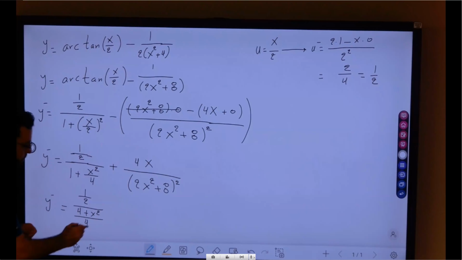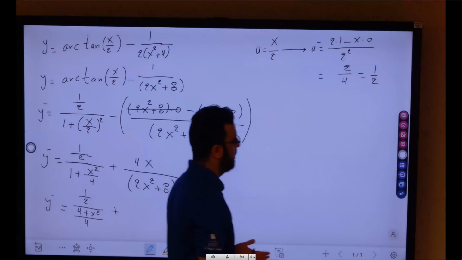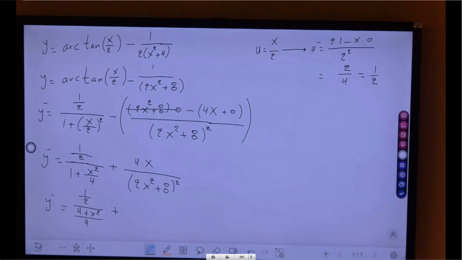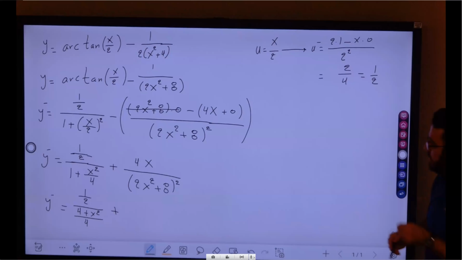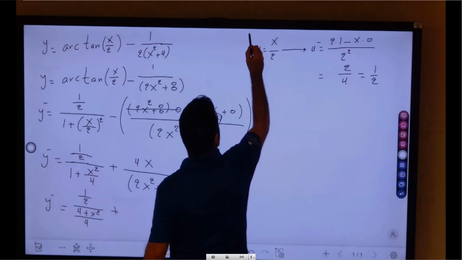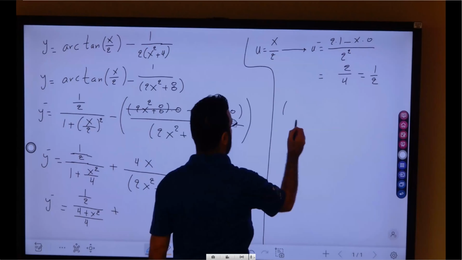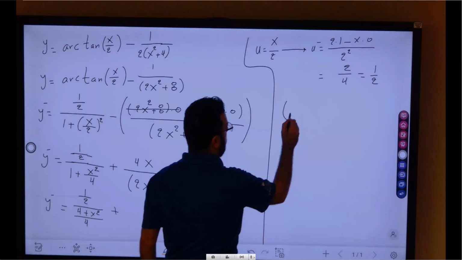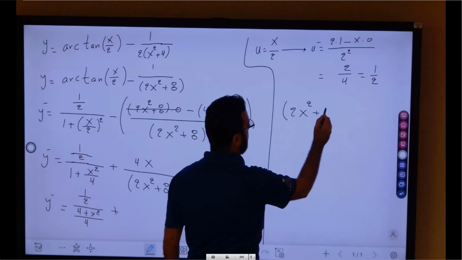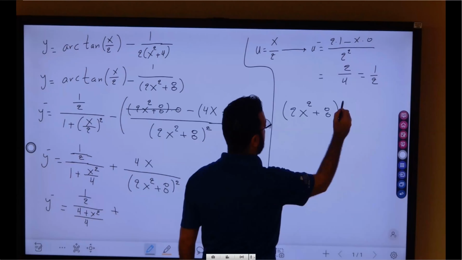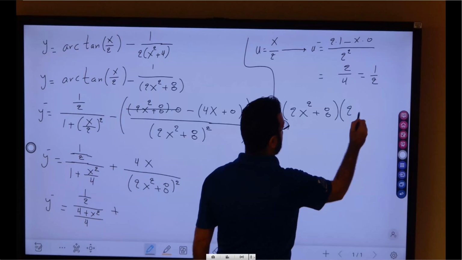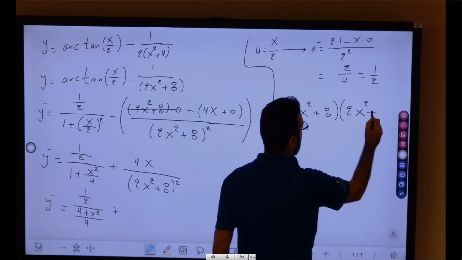What about the next part? Let's see what's going to happen. Let's do it here on the side. It's 2x squared plus 8 and 2x squared plus 8.